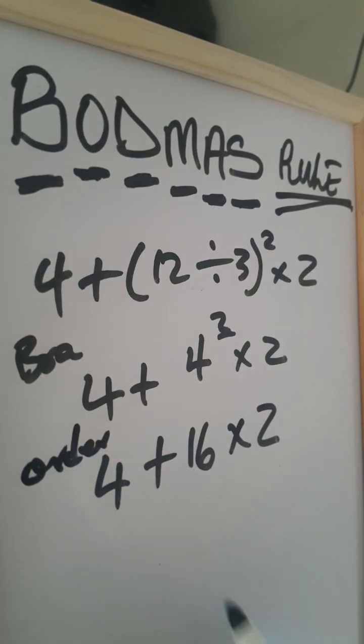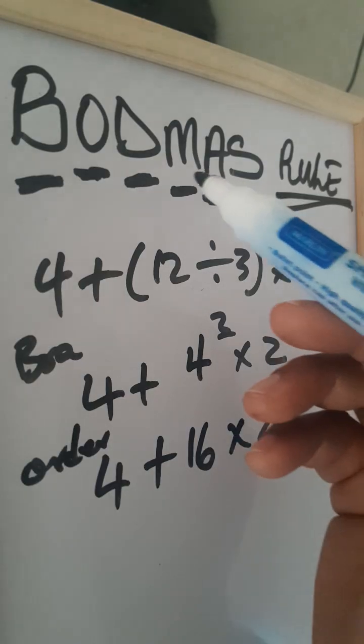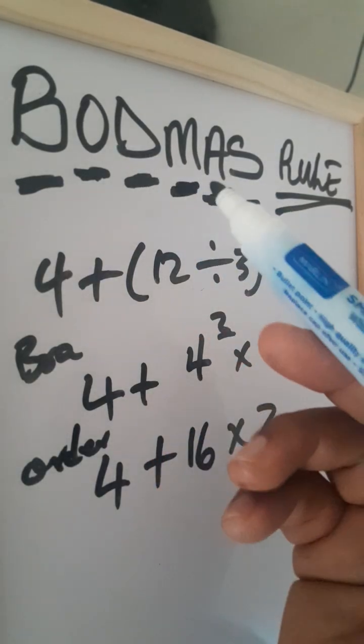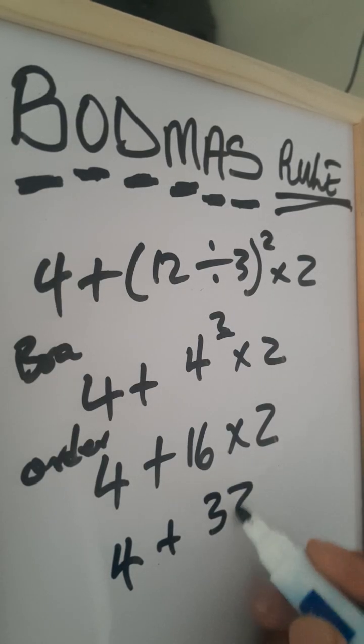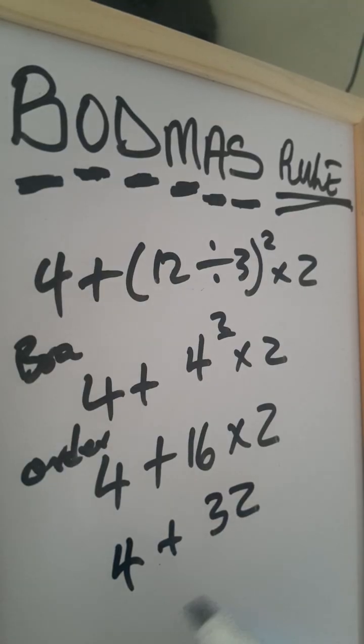Now we go to multiplication. After order, then we go to multiplication. So this means 4 comes down plus, then 16 multiplied by 2 gives you 32. So that's multiplication.